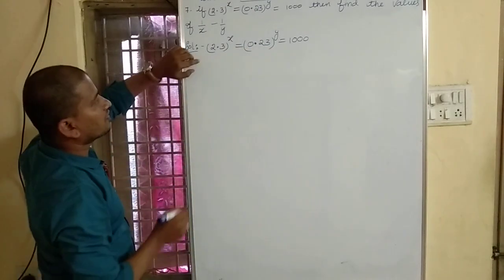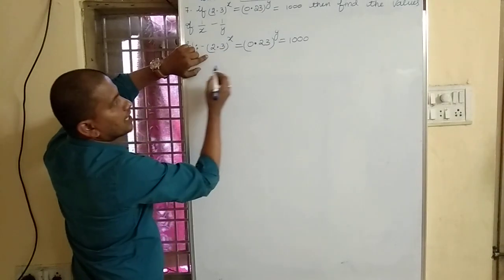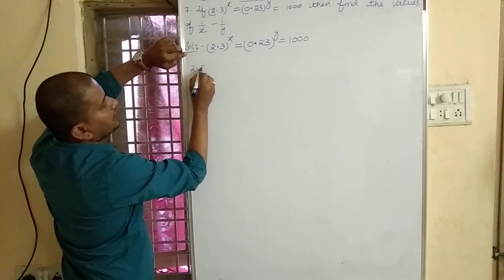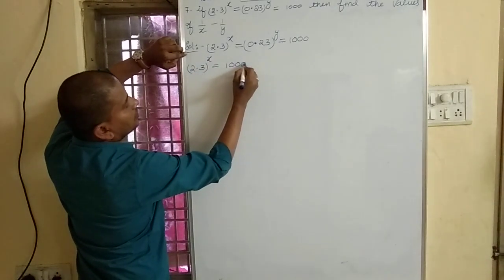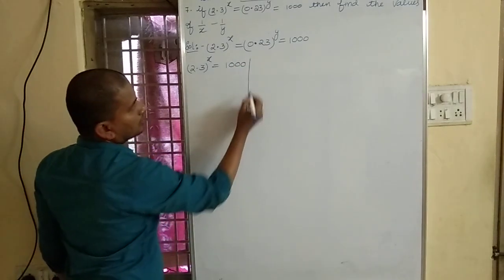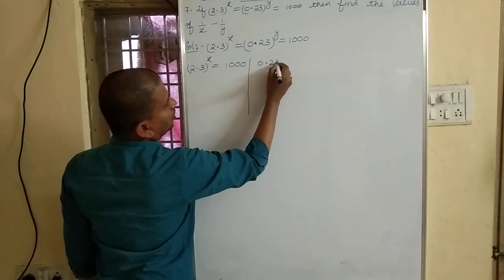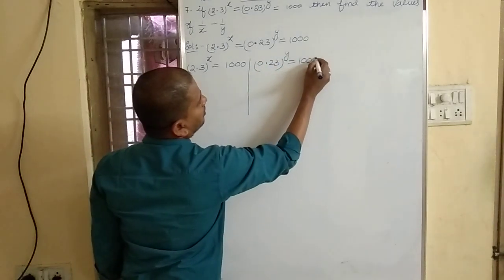Now equate: 2.3 whole to the power x equal to 1000. In the second case, 0.23 whole to the power y equal to 1000.